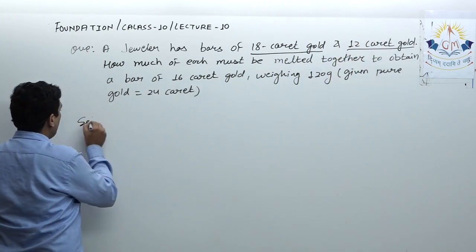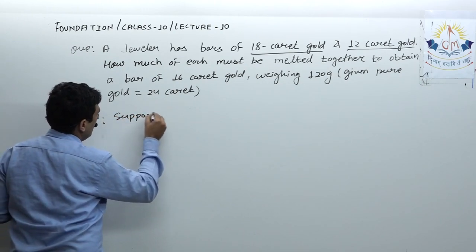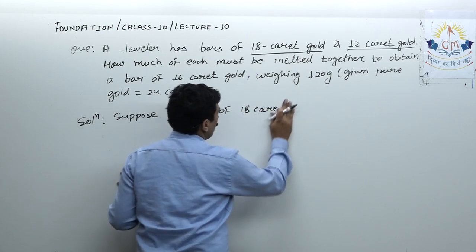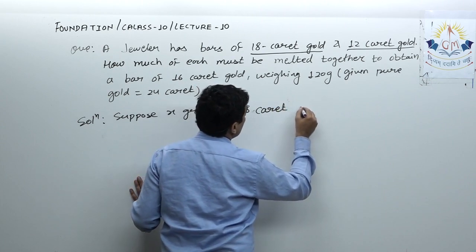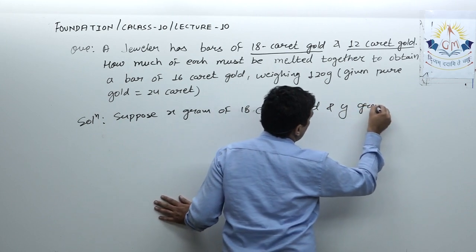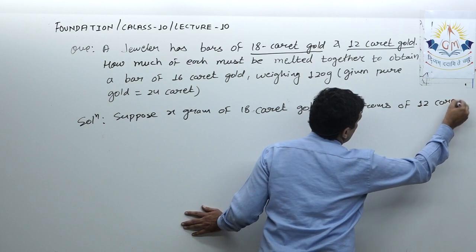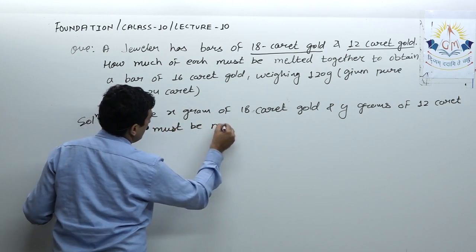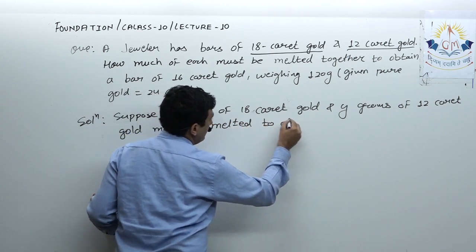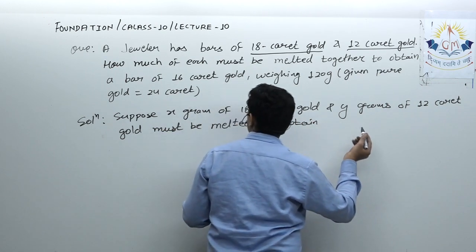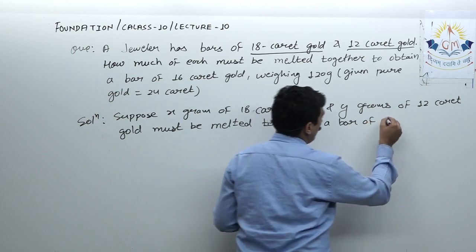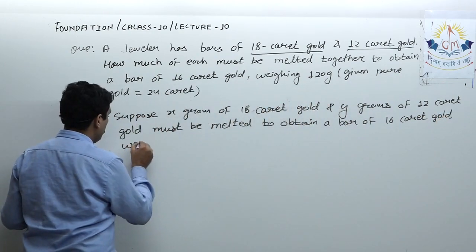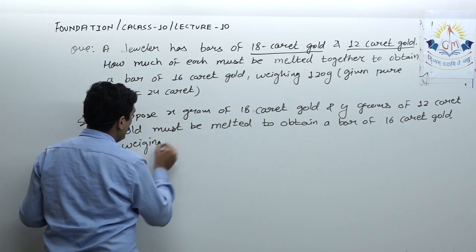So first of all, we'll assume x grams of 18 karat gold and y grams of 12 carat gold must be melted to obtain a bar of 16 carat gold weighing 120 gram.